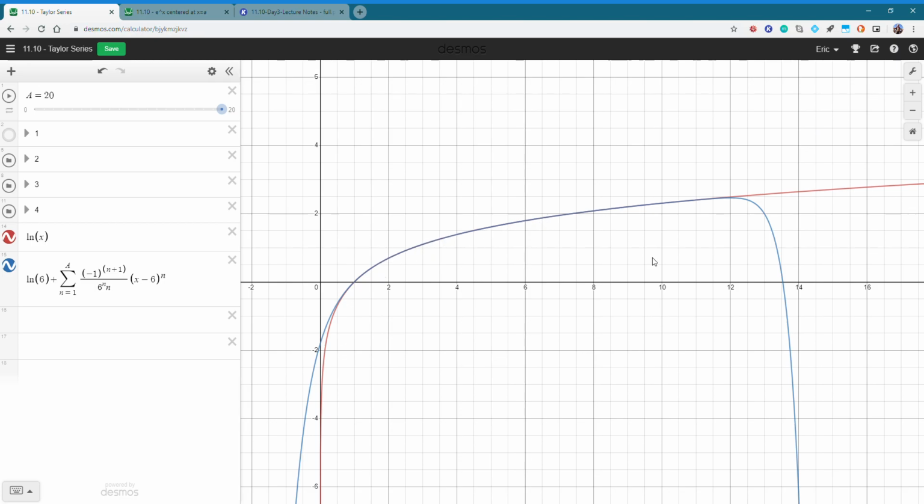We can see these doing a better and better job of hugging our function. But notice we do have kind of this barrier that's set up, right? Right at around 12, we see this kind of freaking out over here on the right, and that behavior is exactly what it looks like to have a finite radius of convergence. We found that the radius of convergence for our power series was 6.